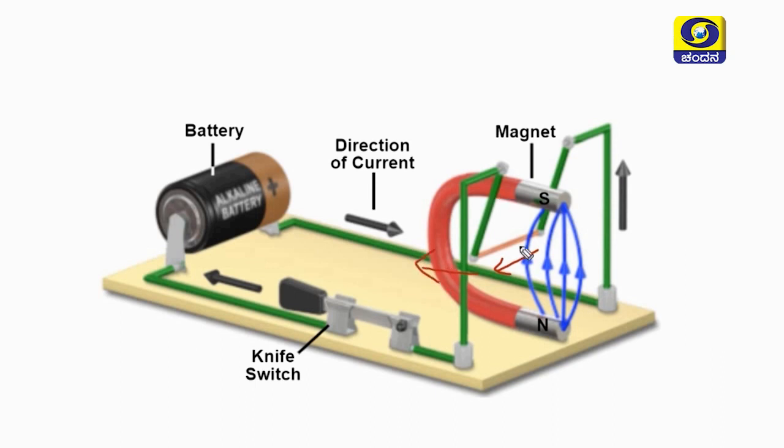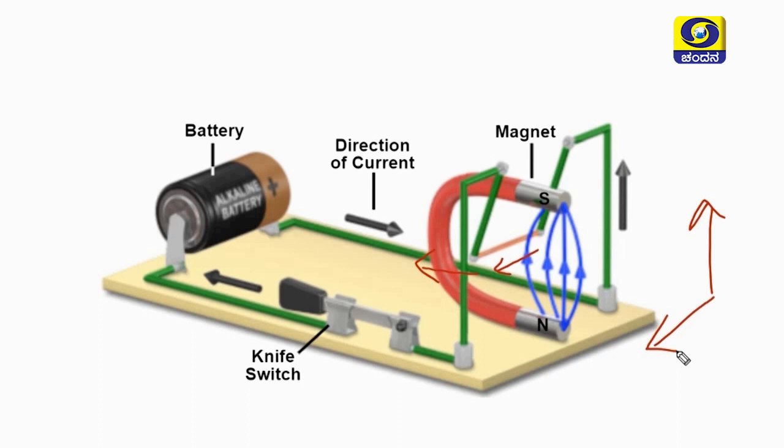We can mark its direction like this. So all these three are mutually perpendicular to each other. The direction of flow of electric current, the magnetic field, and the direction of motion of the conductor are mutually perpendicular to each other.